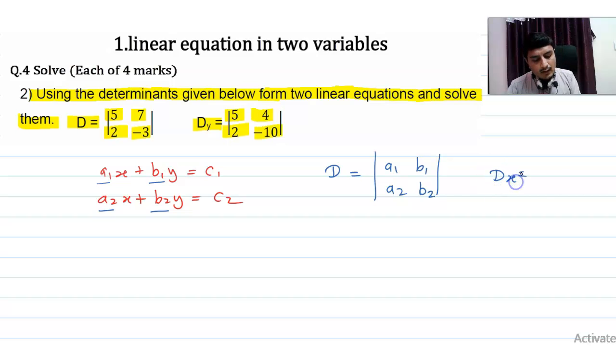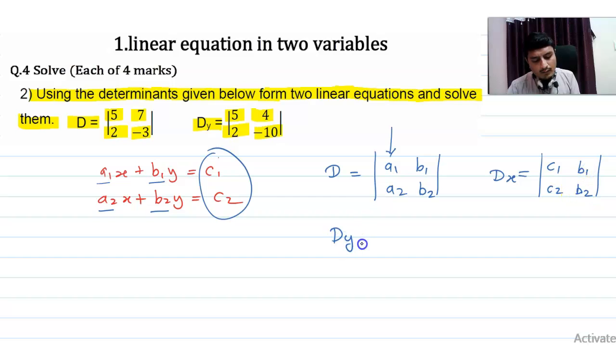Now to evaluate the Dx determinant, we have to replace the coefficients of variable x from D by the constants c1 and c2. That means for the value of Dx, the first column becomes c1 c2 and the second column remains as it is from D, that is b1 and b2.